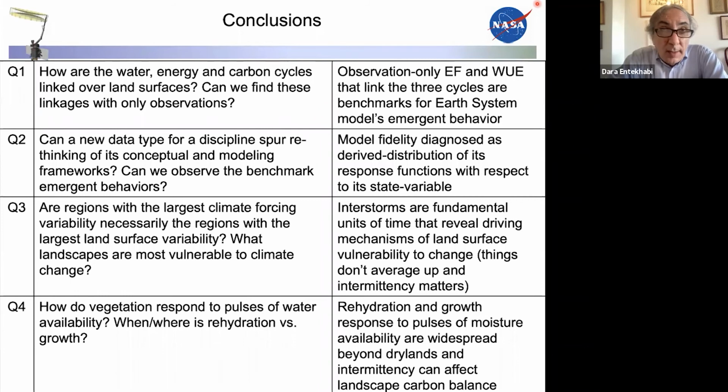There is no one single line of code in Earth system models that says evaporative fraction as a function of soil moisture or water use efficiency. It's spread across many different little components, but the end result, the emergent behavior, should be that observational graph. That's the use case in Earth system models.